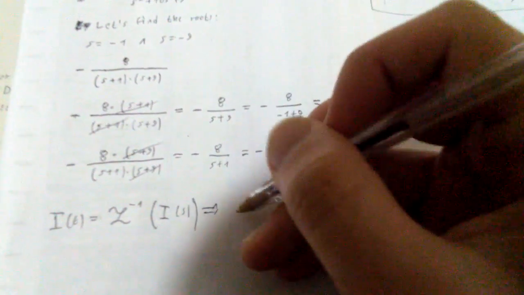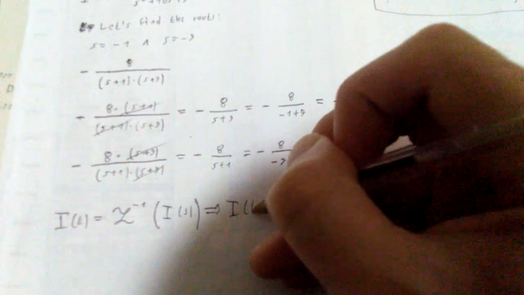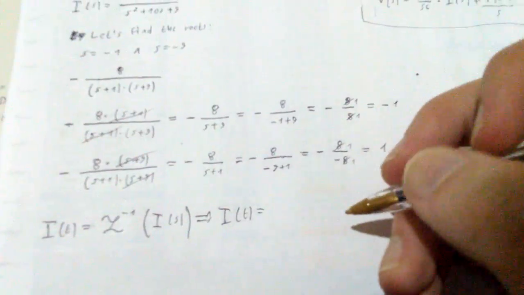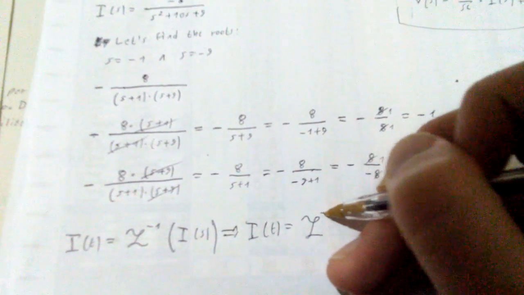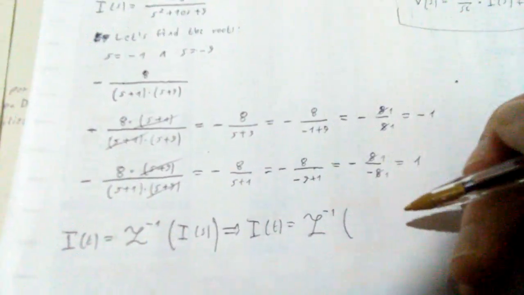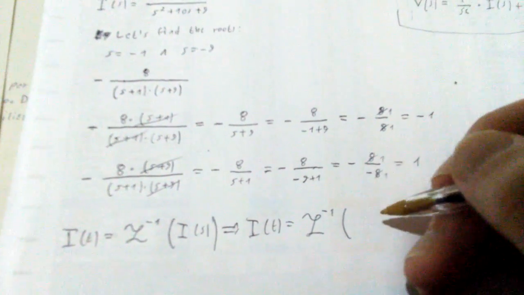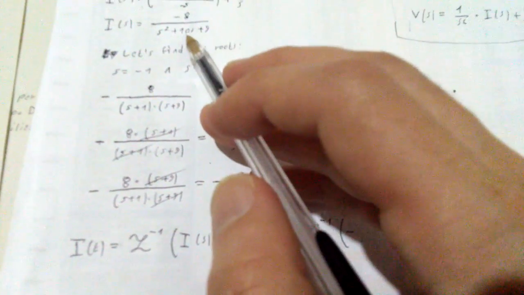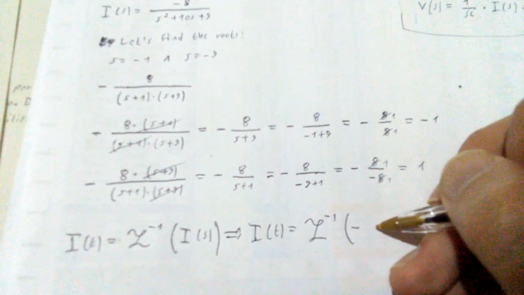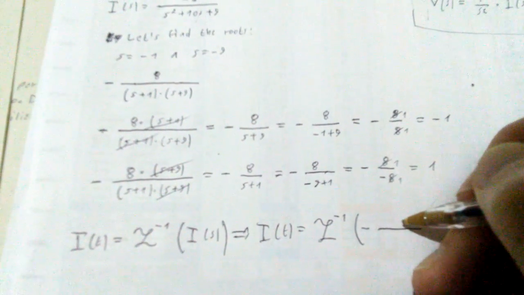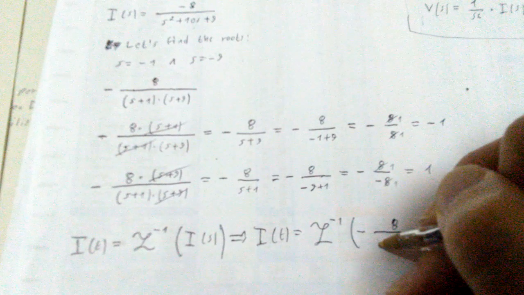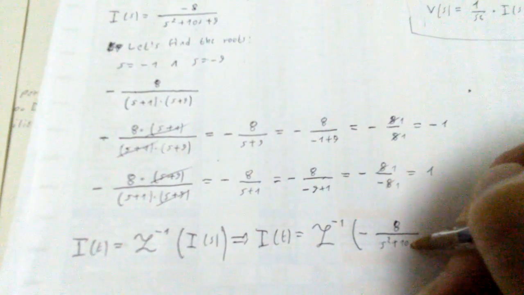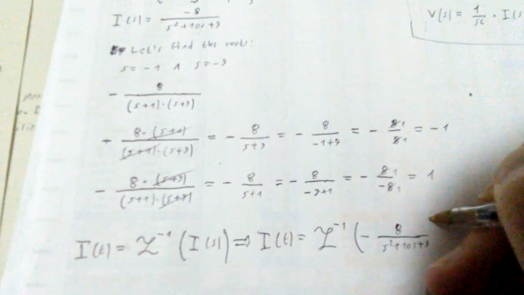It is actually going to be equal to the Laplace transform inverse, so the anti-transform of Laplace of this guy here, negative 8 over s squared plus 10s plus 9.